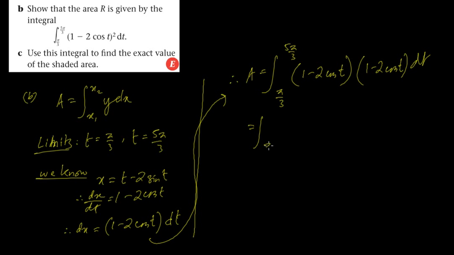That means 1 minus 2 cos t times 1 minus 2 cos t is 1 minus 2 cos t whole squared dt. So that's all they asked for. So this was question number B.